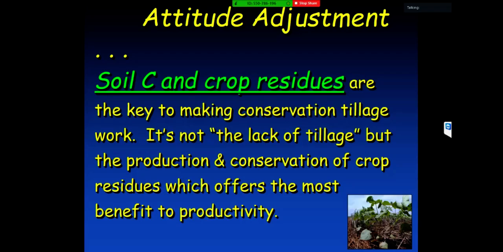What we found out over the years, working a lot with the USDA unit here on campus and others across the southeast, is that soil carbon and crop residues are the real key to making conservation tillage work. It's not just the lack of tillage, but producing and conserving the cover crop residues that offers the most benefit to productivity, particularly here in the southeast where there are higher soil temperatures and rainfall.